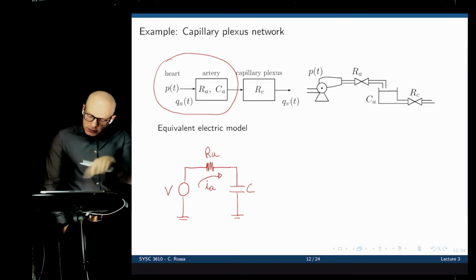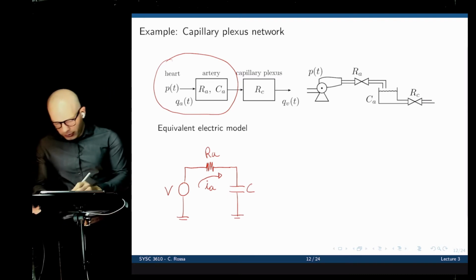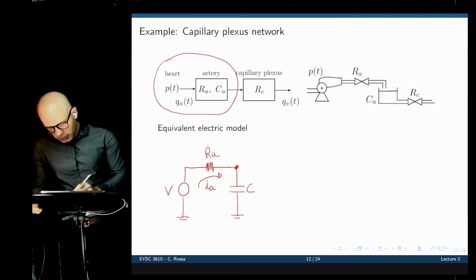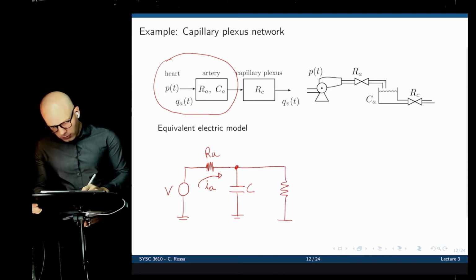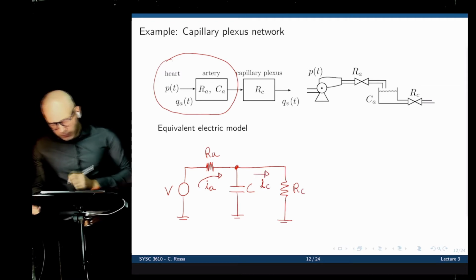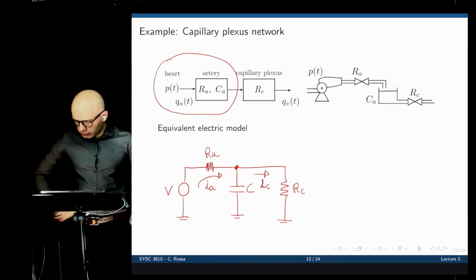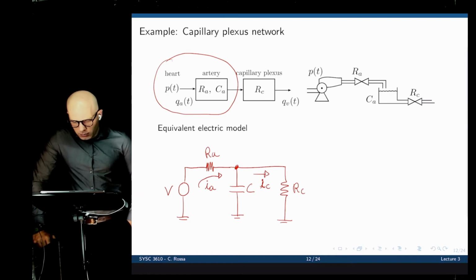And now from this reservoir, some of the fluid gets out. So we can now put another branch connected here. And this would be RC, and this is the second flow, IC. This would be the equivalent network to the pump system we saw.